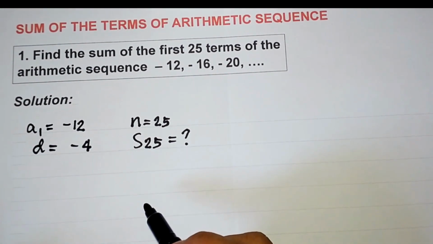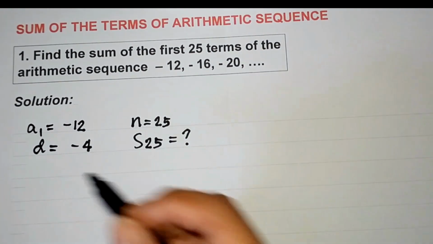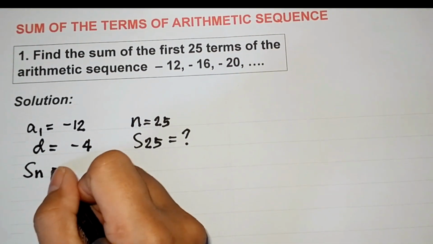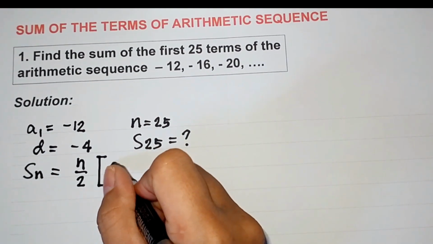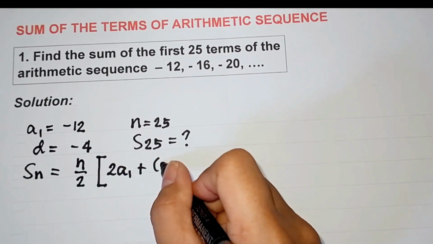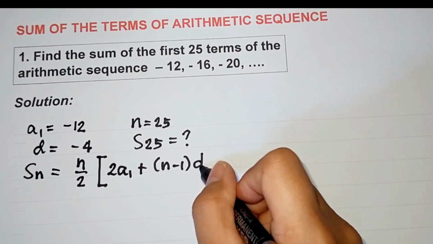When we do not know the last term, the formula that we can use is S sub n equals n over 2 times the quantity 2 a sub 1 plus the quantity n minus 1 times d.